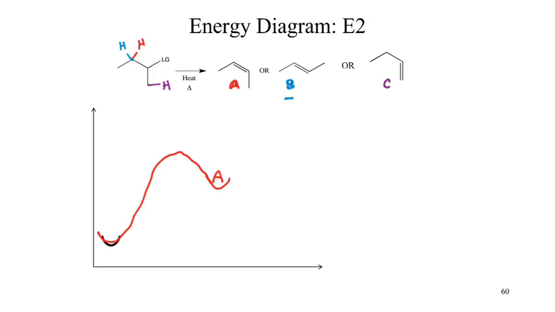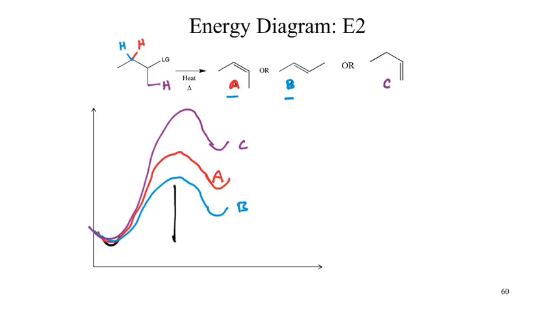B is lower in energy than A because it's trans, so I'm going to put B down here. And C is higher in energy than all of them, so we can put C up there. When we run this elimination reaction, which of those is most likely to get us our product?